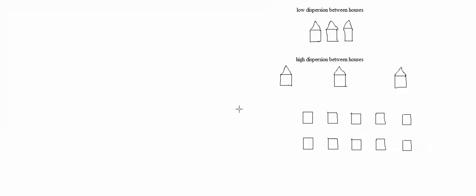And I'll write the speed above each car. This car is driving at 65 miles an hour. This car is driving 63. Maybe this car is driving 66. I'm just making up these numbers as an example to show a low amount of spread, or a low amount of dispersion.